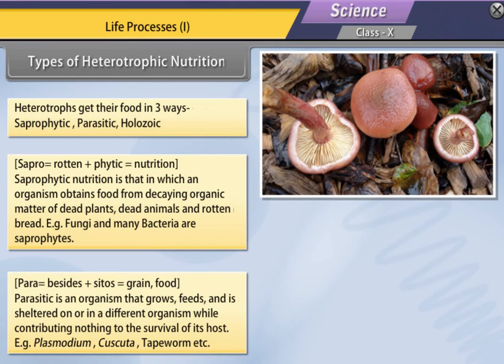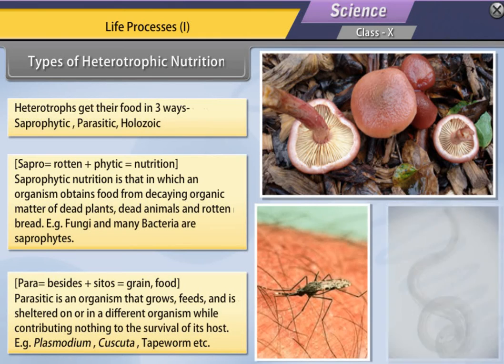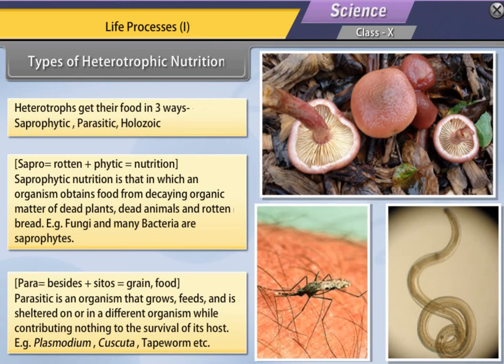Para means beside, and cytos means grain, food. A parasite is an organism that grows, feeds, and is sheltered on or in a different organism while contributing nothing to the survival of its host.